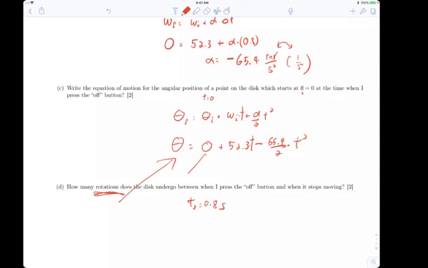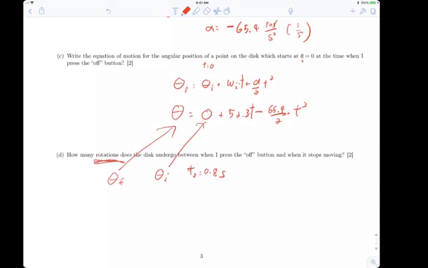So if you start at 0, you can use this formula to find your final angular position of the speck. So let me do that. 52.3 times 0.8 minus 65.4 times 0.8 times 0.8 divided by 2.